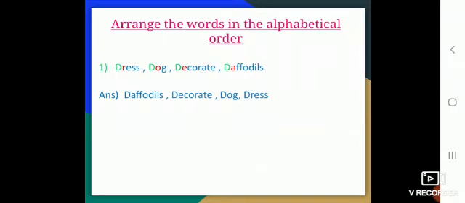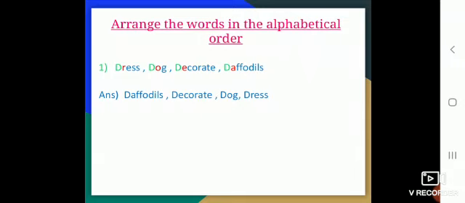R, O, E, A. So the first one will be A, then E, then O, and the last will be R. Okay, so the order of the words will be daffodil, decorate, dog and dress.